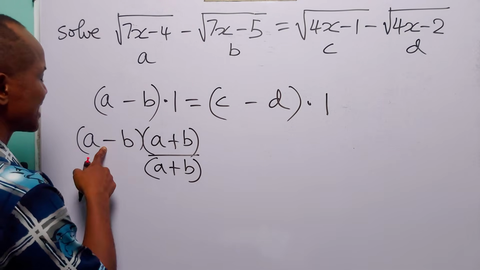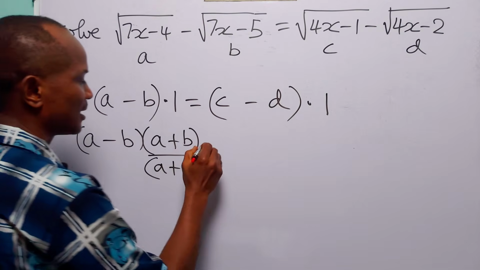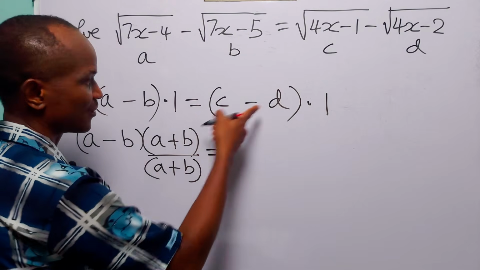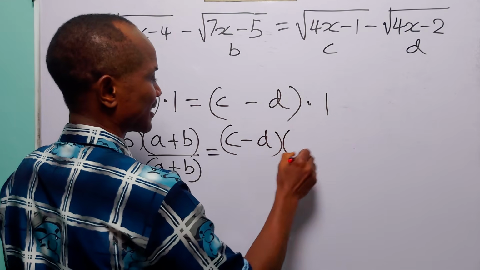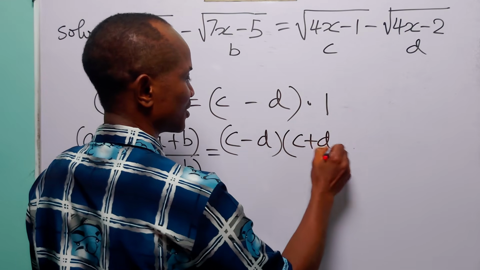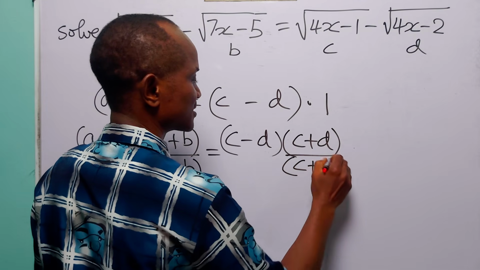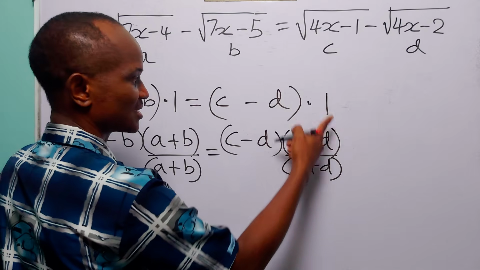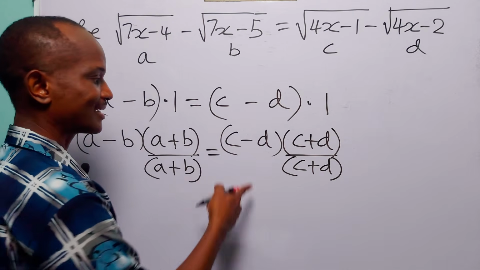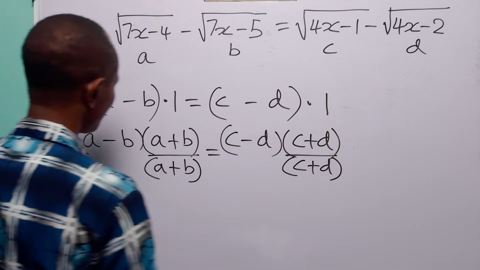Now, notice that a minus b and a plus b are conjugates. Now, on the right-hand side of the equation, we have c minus d times c plus d divided by c plus d. Once more, c plus d over c plus d is equal to 1, and c minus d and c plus d are conjugates.